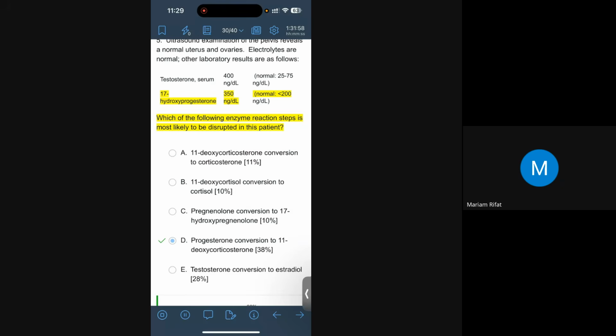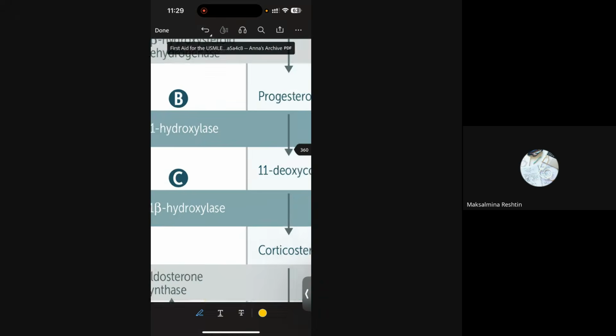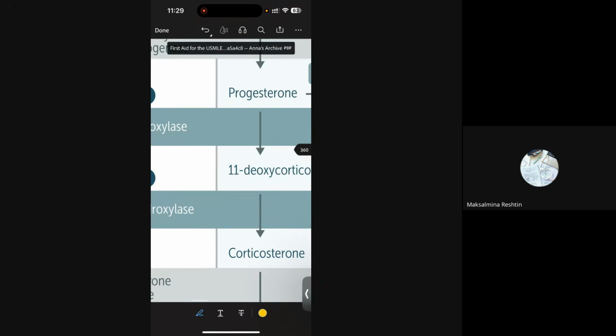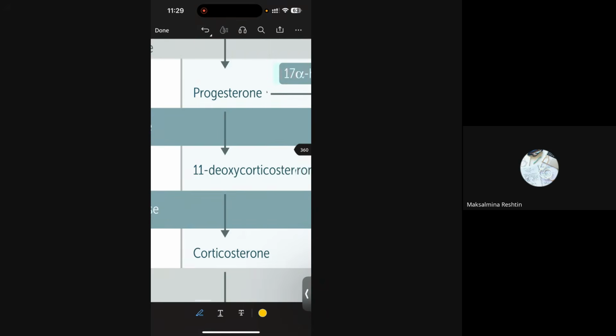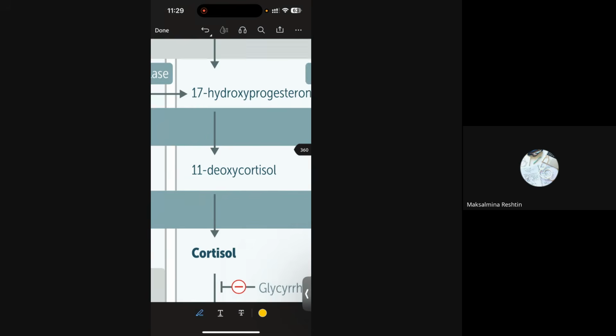Option number A and B, which enzyme is involved? 11-beta-hydroxylase. 11-beta-hydroxylase is involved in 11-deoxycorticosterone into corticosterone and 11-deoxycortisol into cortisol.